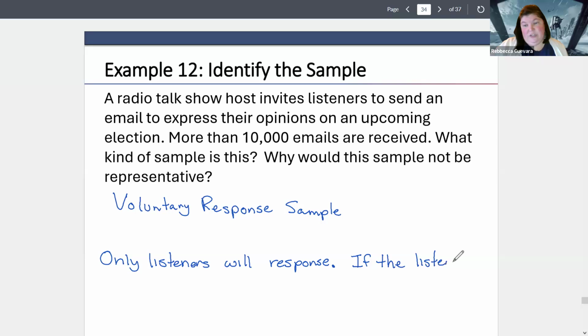So if your listeners are more conservative, your data is going to be more conservative.